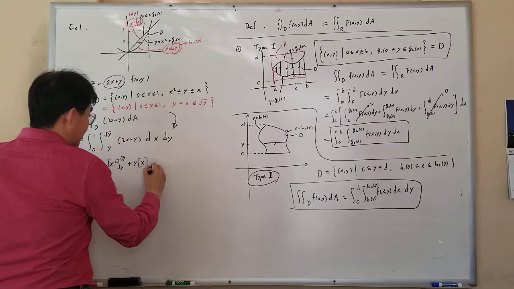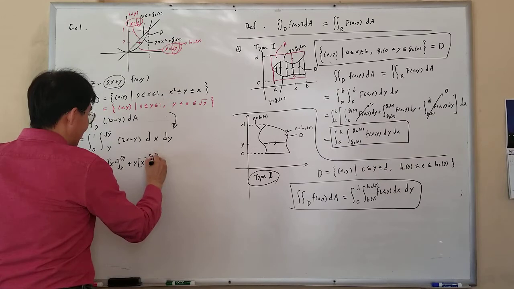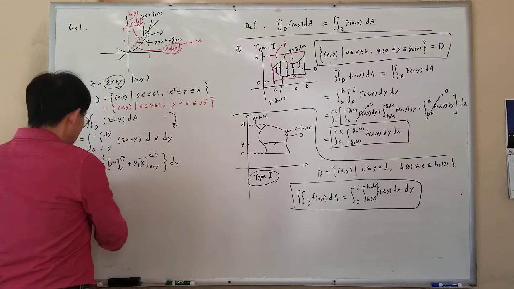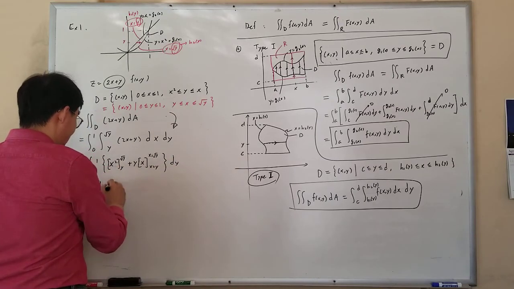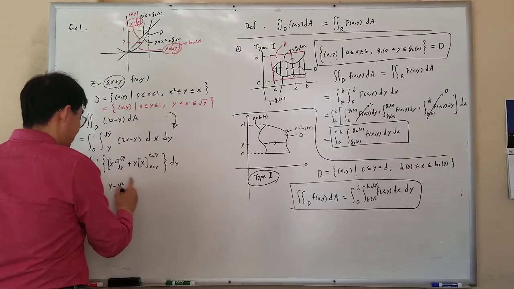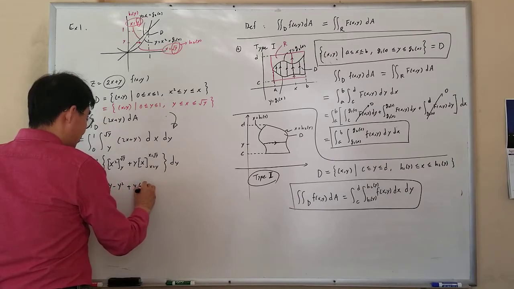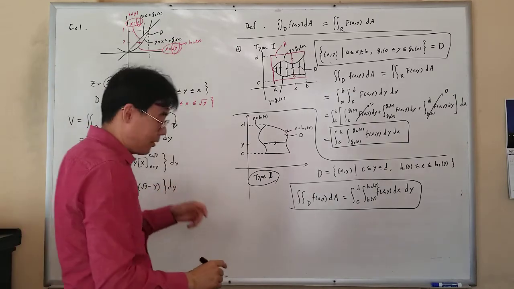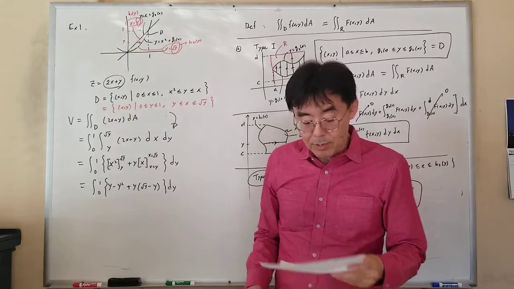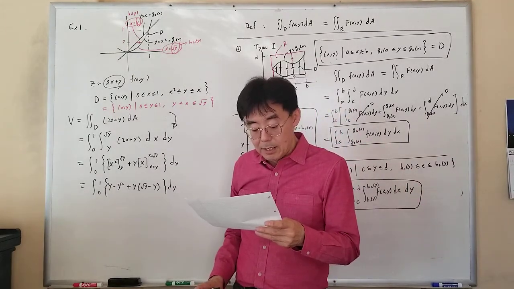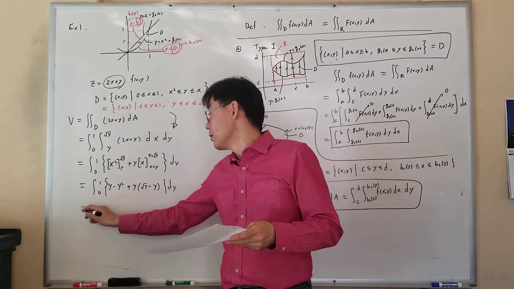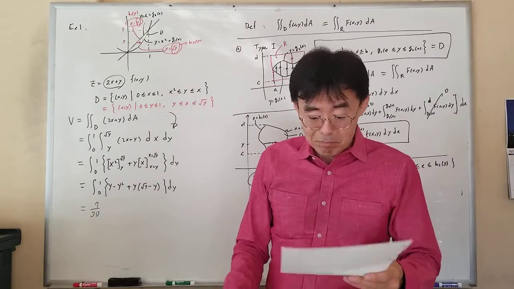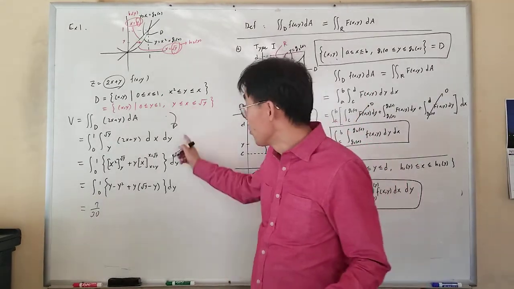Now, x equals y to x equals square root of y. Same thing here. Then this is y minus y squared here, plus y times square root of y minus y. After we distribute and combine like terms, you can finish the calculation easily. In the end, both cases give you the same number, 7 over 30. You can refer to the detailed calculation in the notes. The important thing is this 7.